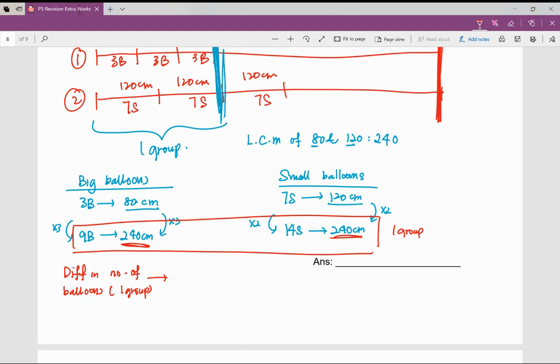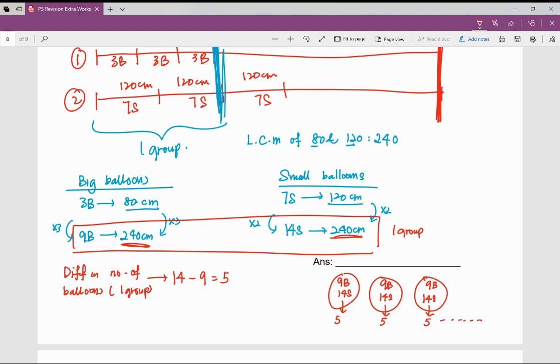So how do I find the difference in number of balloons? I have 14 small balloons and 9 big balloons, so that's 14 minus 9. There is a difference of 5 balloons in one group. Okay, so what does this mean? I'm going to draw it here because there's not much space. In one group, there are 9 big and 14 small, and the difference is 5 balloons.